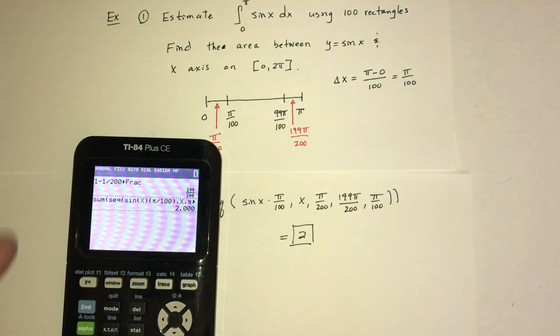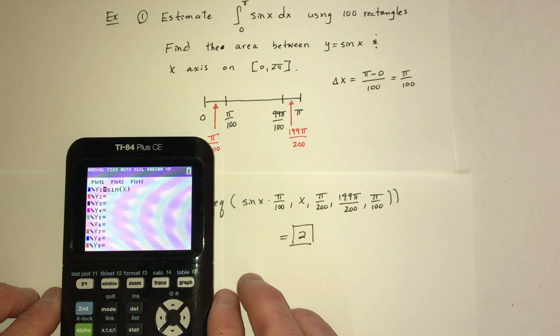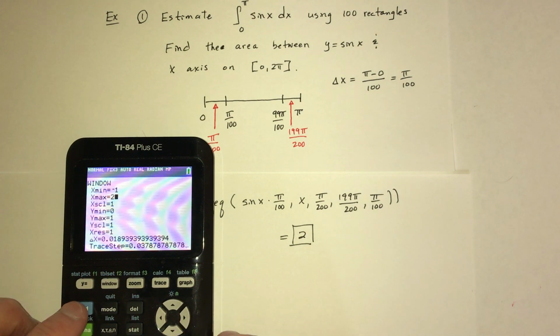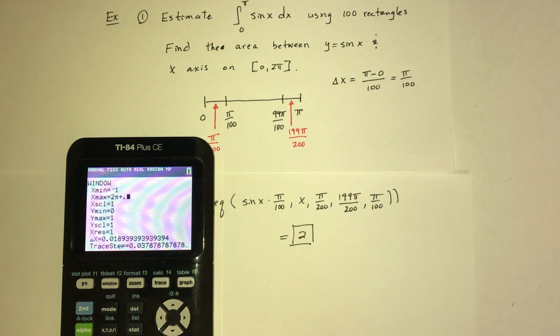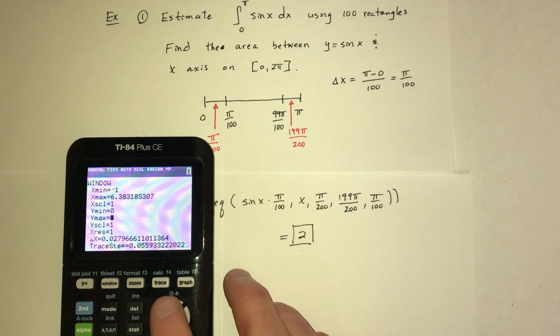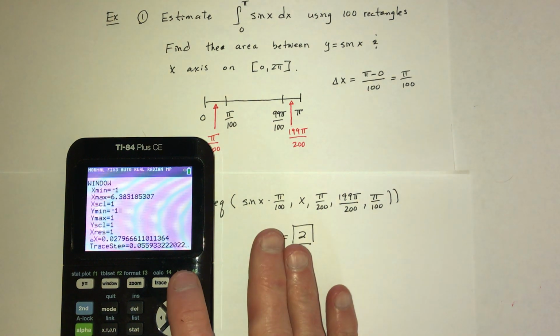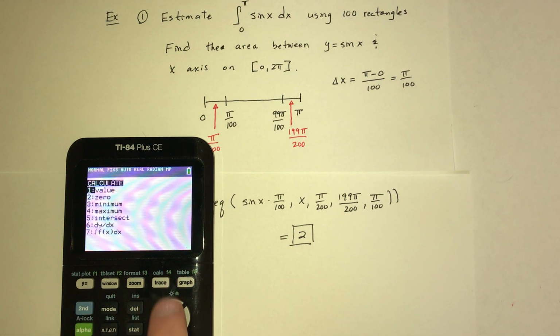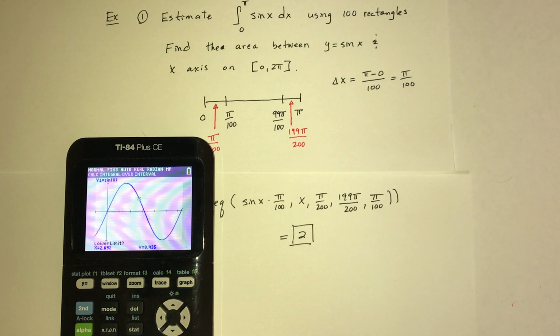So if you were to use the calculator and just go graph sine, change the window, go at least to 2 pi, so 2 pi plus a little bit, and then the y value from -1 to 1, and then if I use the calculator to find the area, that's going to be using number 7, integrate, from 0 to 2 pi.